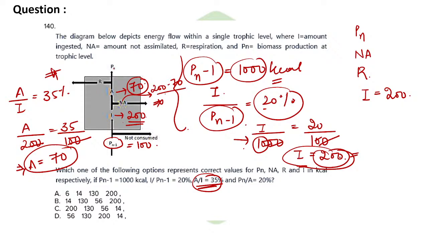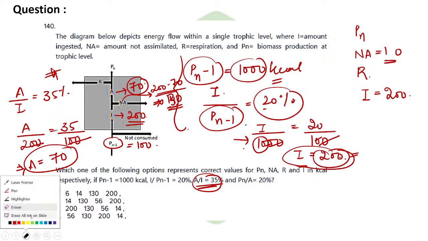So 200 minus 70 is 140. Right, sorry, 130, not 140. 130 will be calculated over here, because 200 minus 70 is 130.